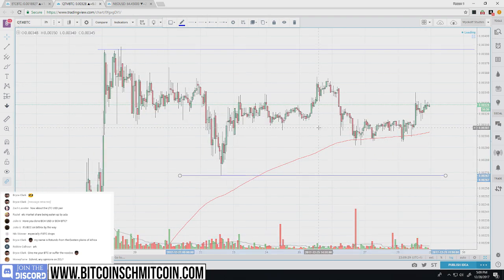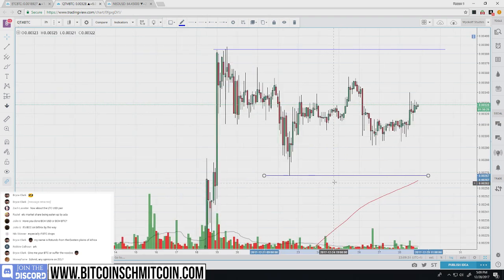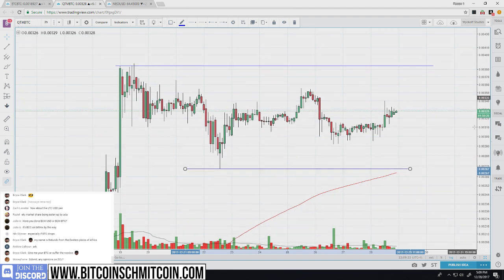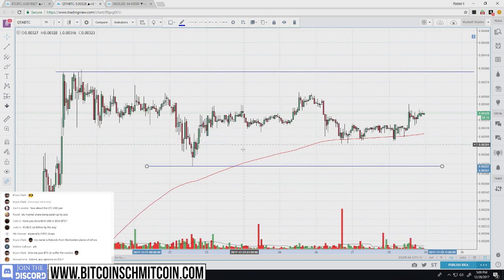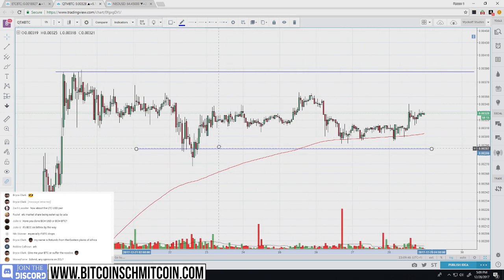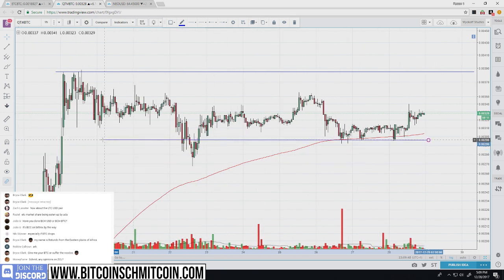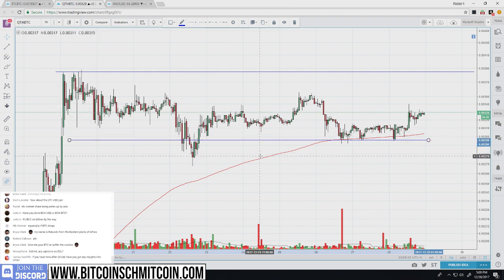God, this volume is so choppy. It's very inconsistent. I wonder if this is actually the better way to draw it. Like that.